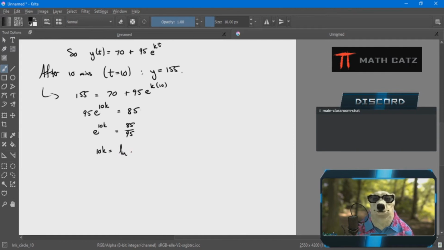I then take the log of 85 over 95, which you could simplify first or not, doesn't matter. That goes in the log. And k is log of 85 over 95 over 10. Let's see what that is.